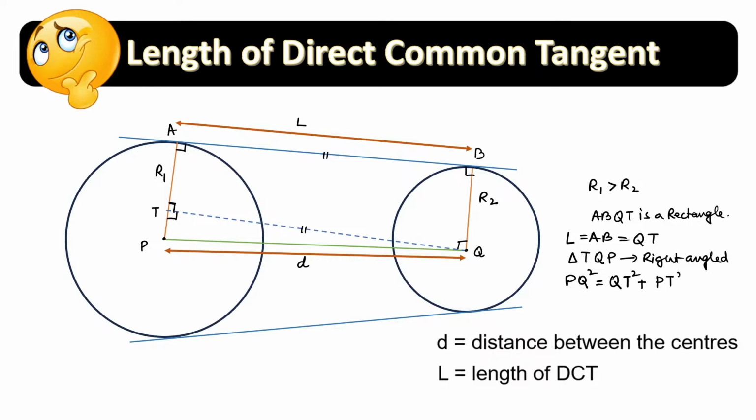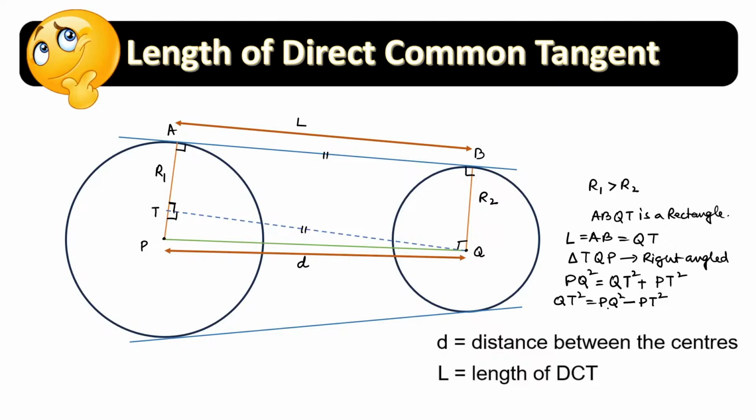Am I correct or not? We have to find out what is our QT. So what is QT square? It is PQ square minus PT square.